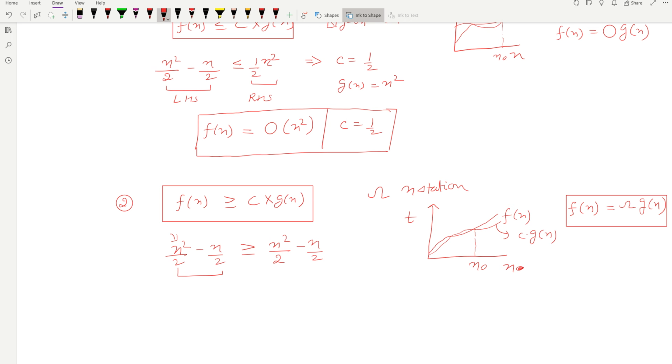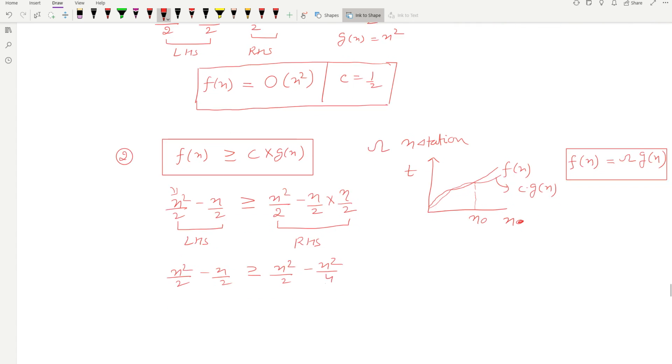So what do we have to subtract? Let's again multiply this particular thing with n by 2. Now if you do this, then the left hand side will always be greater than the right hand side. So from here we can observe that n square by 2 minus n by 2 is greater than or equal to n square by 2 minus n square by 4.